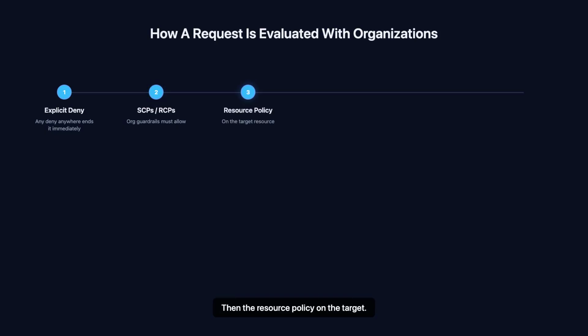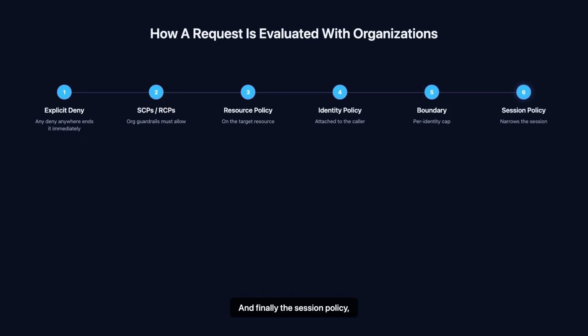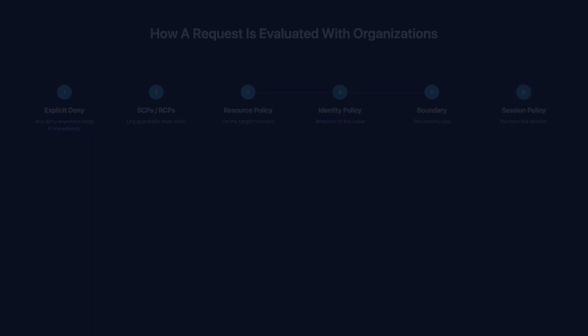Then the resource policy on the target, then the identity policy on the caller, then the permission boundary, that per-identity cap, and finally the session policy, which can narrow things further for one session. The request is allowed only if it survives every single one of those layers.